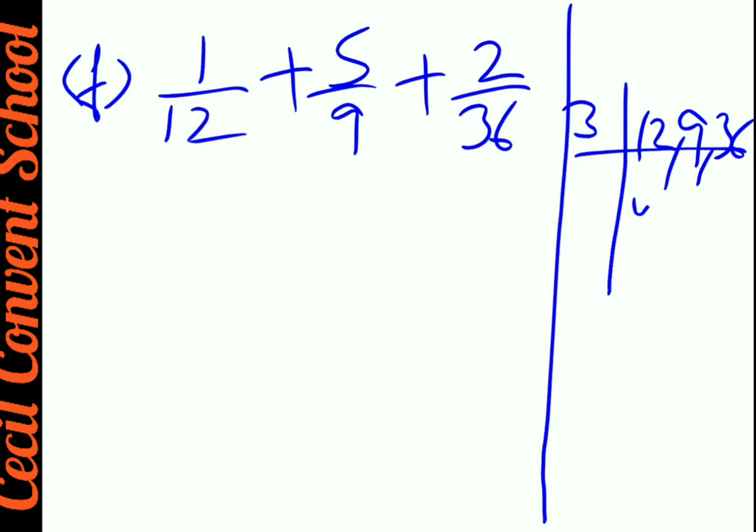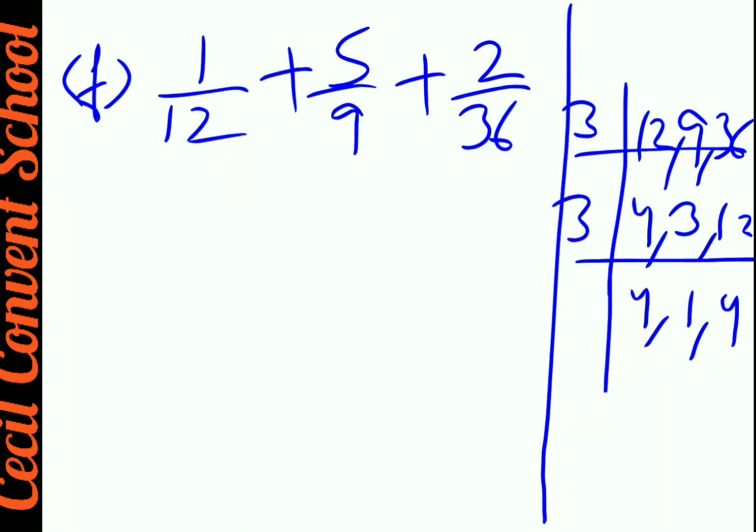In the 3 table, 12 comes at 4s, 9 at 3s and 36 comes at 12s. Clear? Now we do again with 3. 4 does not come, you copy it down as it is. 3 1s and 3 4s are 12.